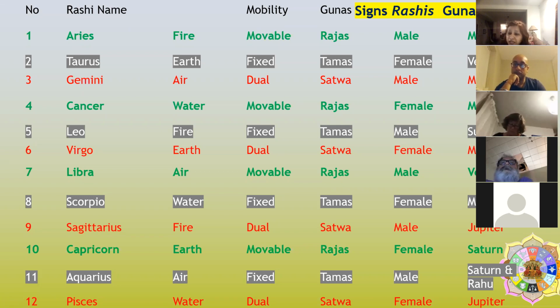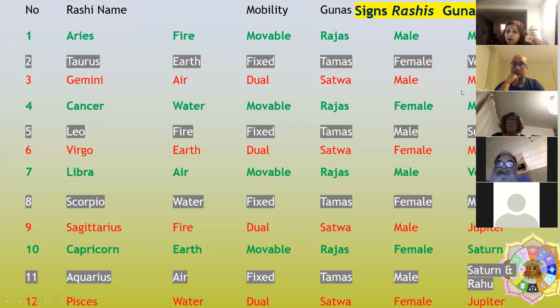It has an initiating energy about it. It's very fundamental. If you want to start something, ask someone with a preponderance of planets in the cardinal or movable signs. They are nothing but the Chara Rashis. Chara means to move fast, and Rashi is the sign.